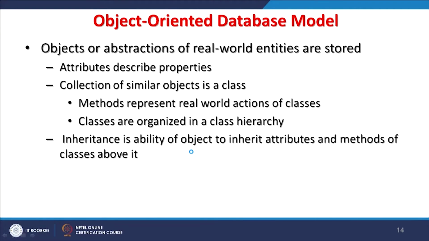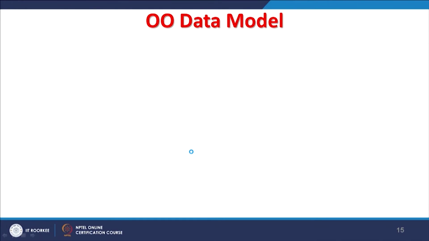The second point here is inheritance, the ability of objects to inherit attributes and methods of classes above them. Because this is object oriented, we handle each entity quite distinctly as compared to other database models.